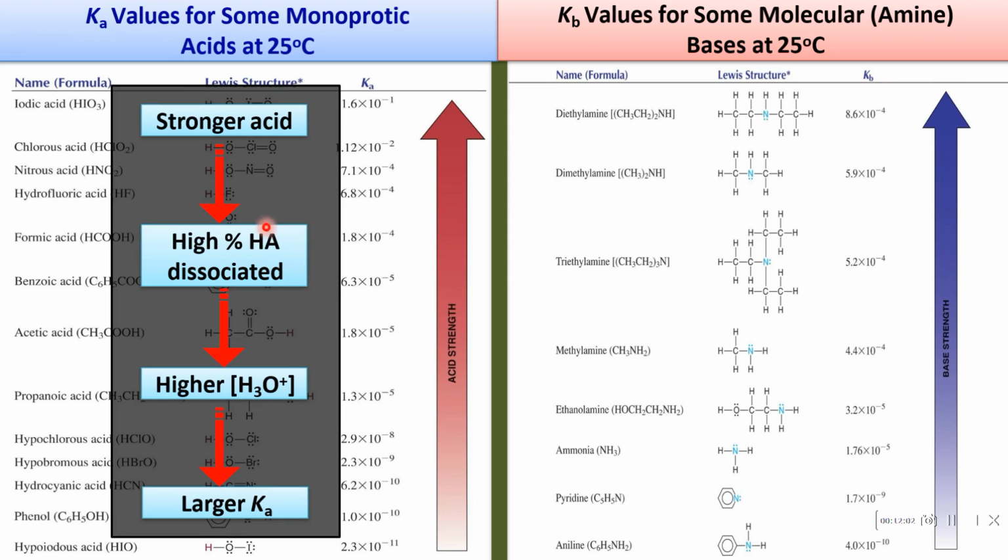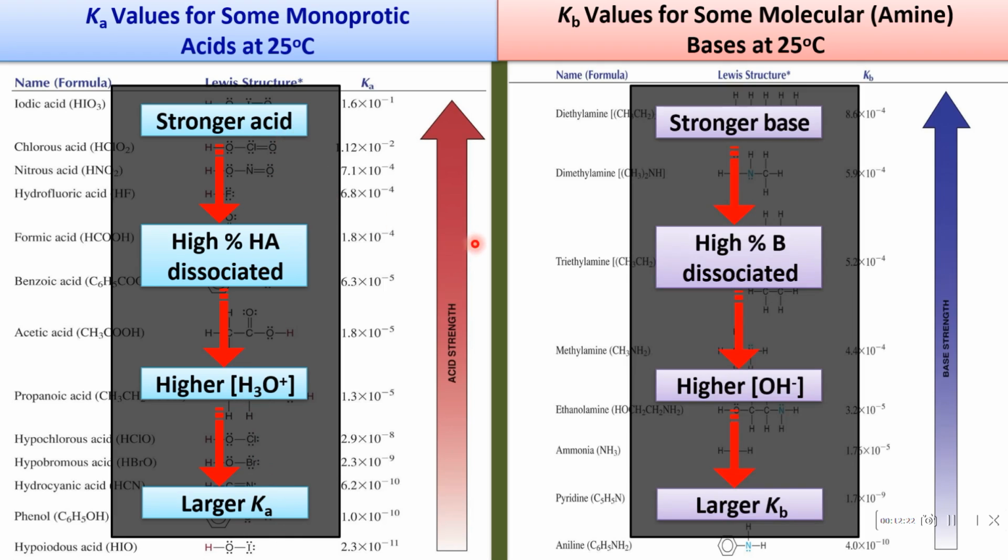A strong acid means a high percentage of dissociation, so it will give a higher concentration of H3O plus. That's why we get a larger Ka. So a larger Ka means a stronger weak acid.